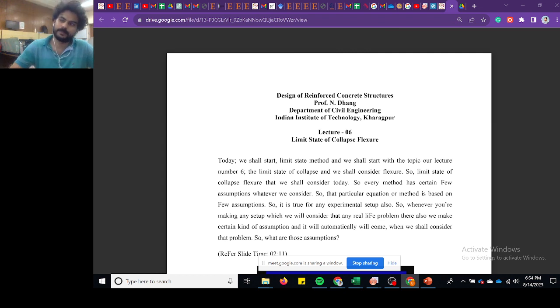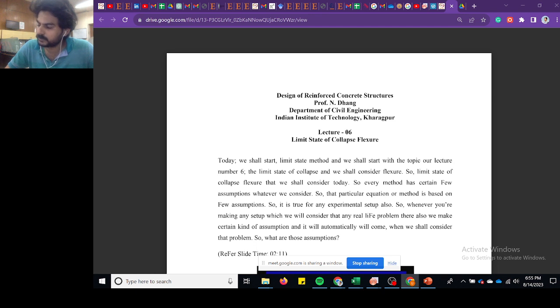Excuse me, sir. If we have to calculate whether a section is under-reinforced or over-reinforced, we have to calculate the balanced percentage of steel, then the actual percentage of steel. And for calculating the balanced percentage of steel, the formula is 0.87 fy Ast = 0.36 fck b xu, and then we divide and multiply with d.